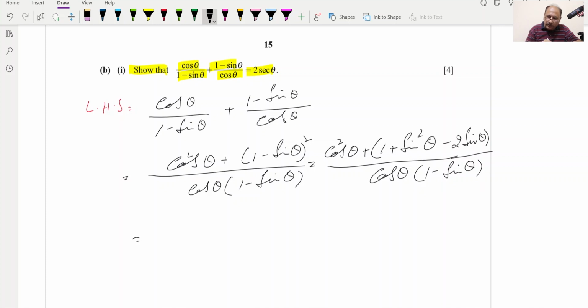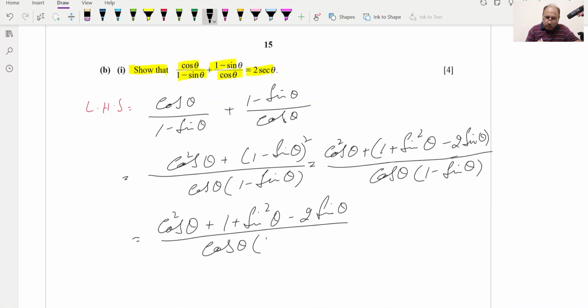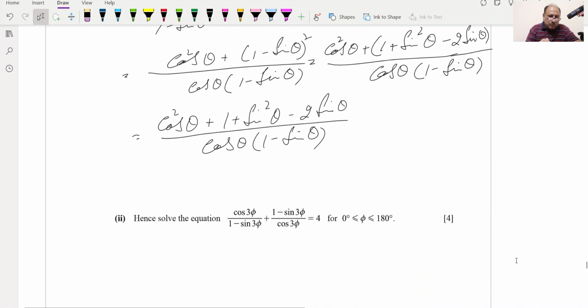Further, we open the brackets in the numerator: cos square theta plus 1 plus sine square theta minus 2 sine theta over cos theta into 1 minus sine theta. Cos square theta and sine square theta will be 1, so 1 plus 1 is 2, so 2 minus 2 sine theta over cos theta into 1 minus sine theta.